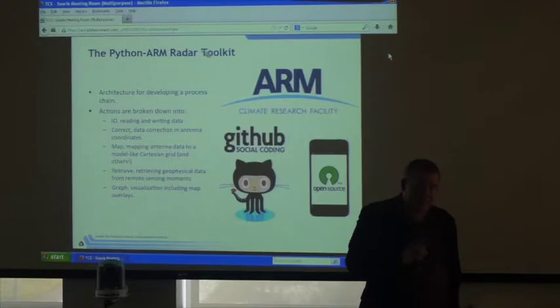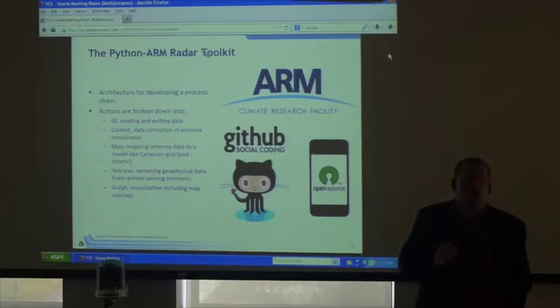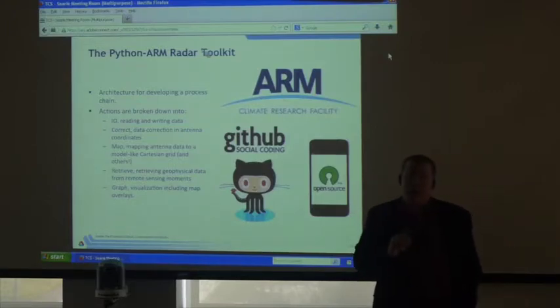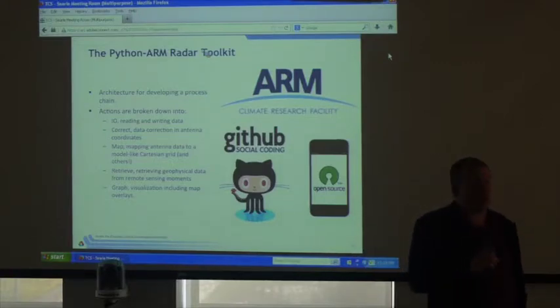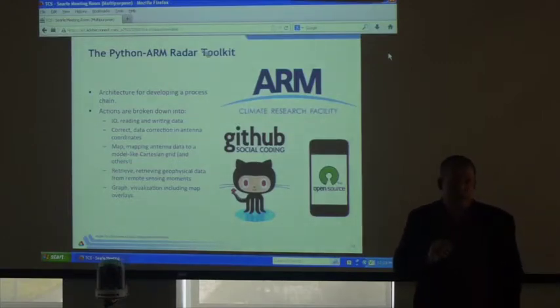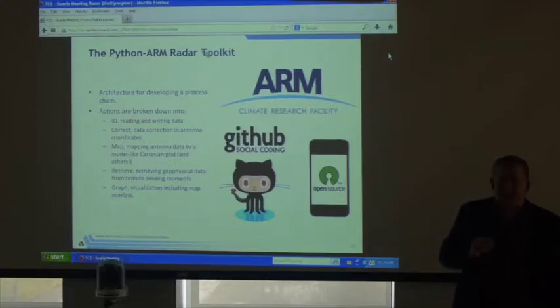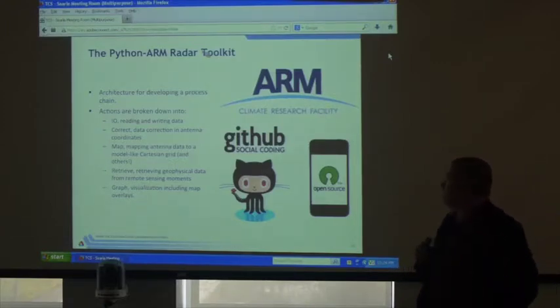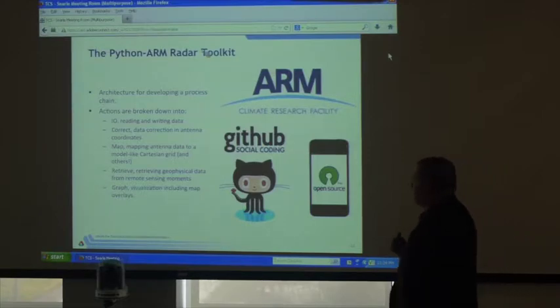Basically all it is is a series of ingests and what we call a common data model. The idea of a common data model is just a representation of the data in memory, in the particular programming language you're using, which in our case is Python, that is strictly adhered to. So that when I have an algorithm that works on the data, it accepts that common data model and it returns that common data model. It's kind of common practice, but believe you me, it's not followed in our domain-specific community.